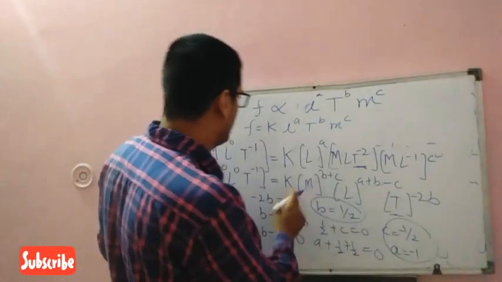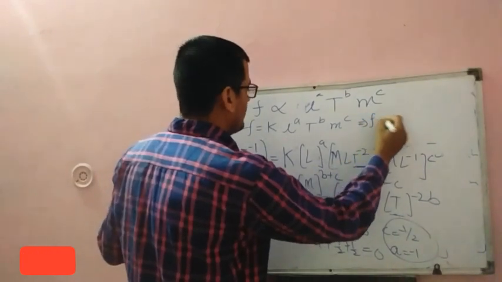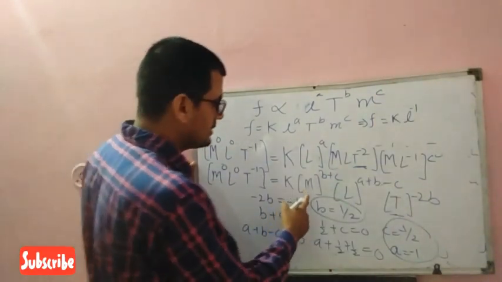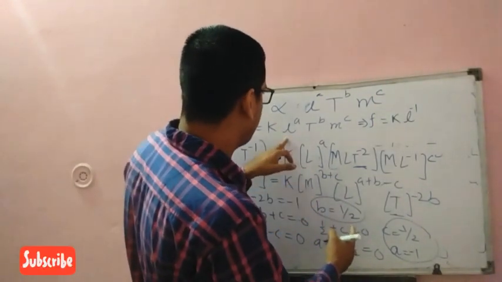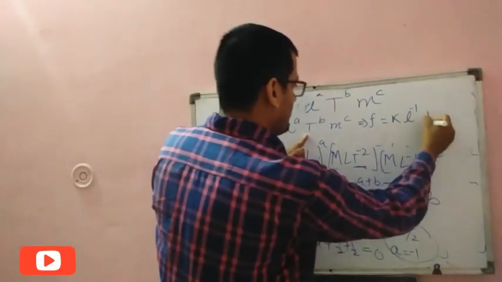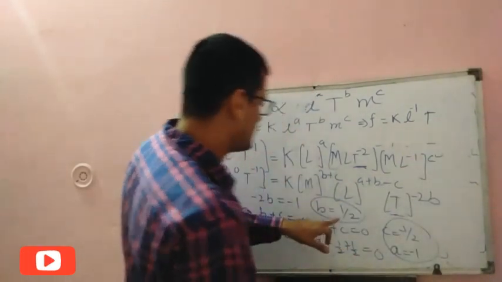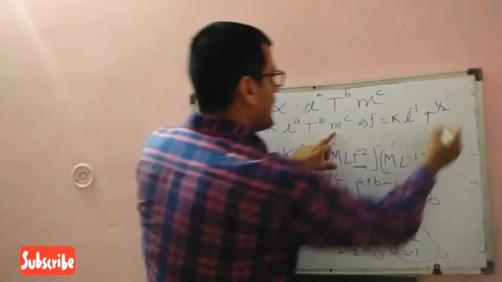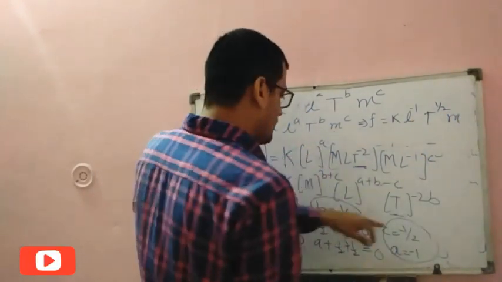Now, beta, put the values. So what will it be? F equal to K, L power minus 1, T power 1 by 2, and M power minus 1 by 2.